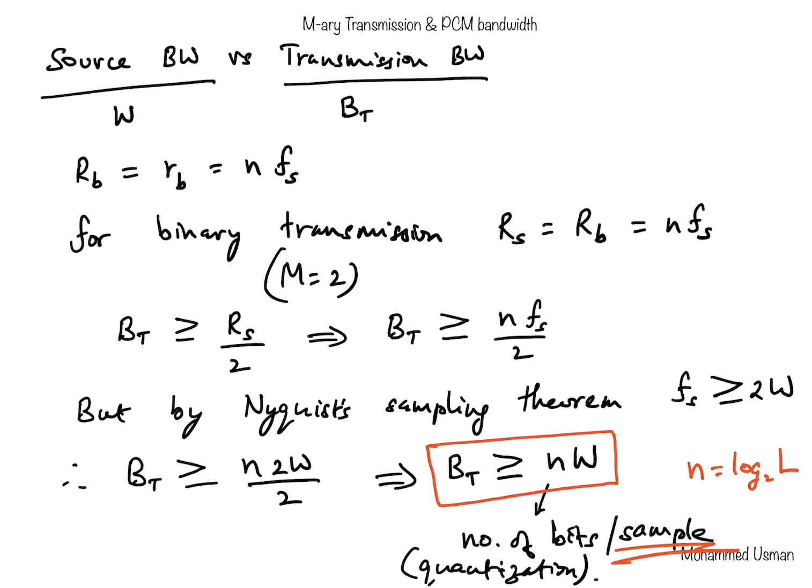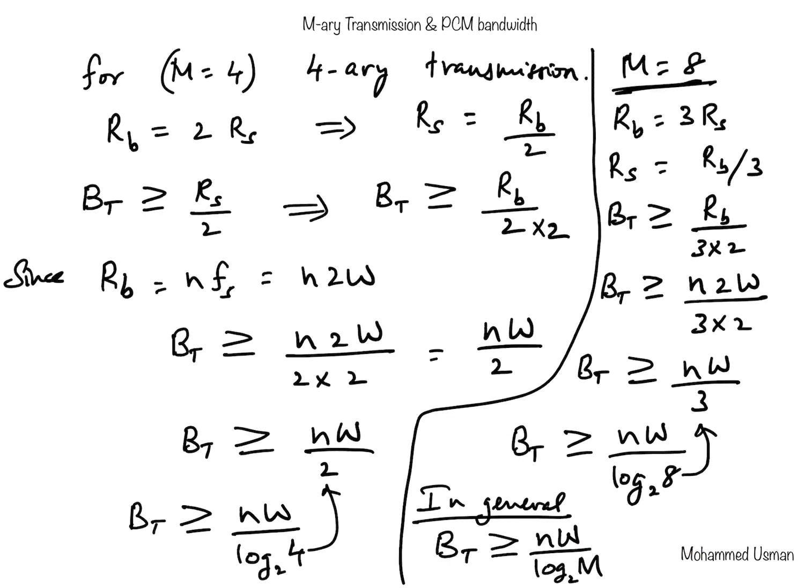And when M is equal to 2, it is NW by 1, because it is 1 bit per symbol. Here it's 2 bits per symbol, and here it's 3 bits per symbol. So the general relationship between the minimum PCM bandwidth BT and the source bandwidth W can be represented in this form as BT should be at least NW by logarithm to the base 2 of M. So that's our general relationship for this.